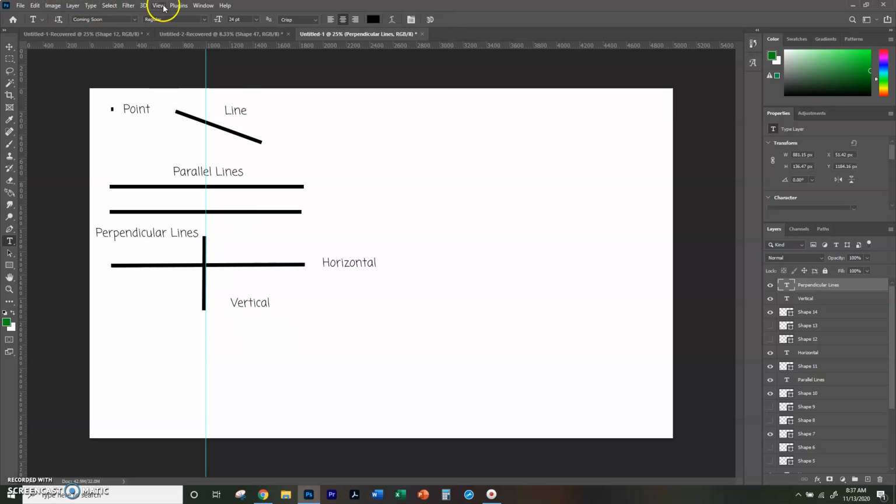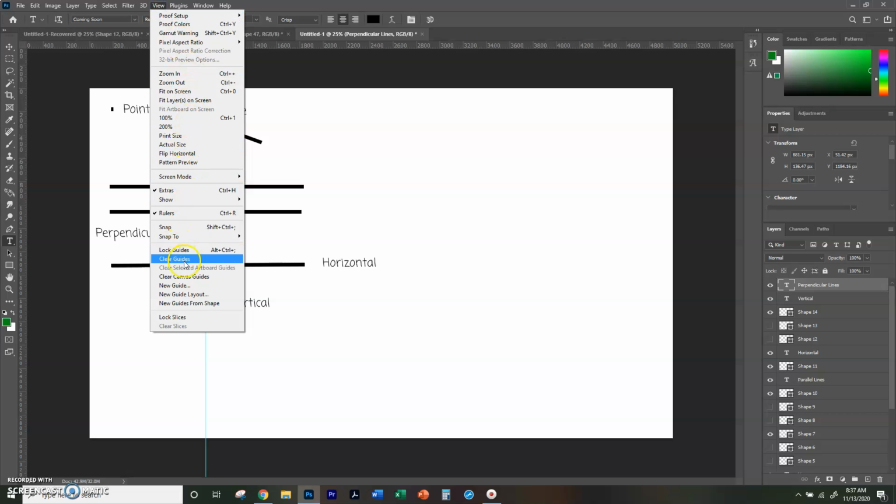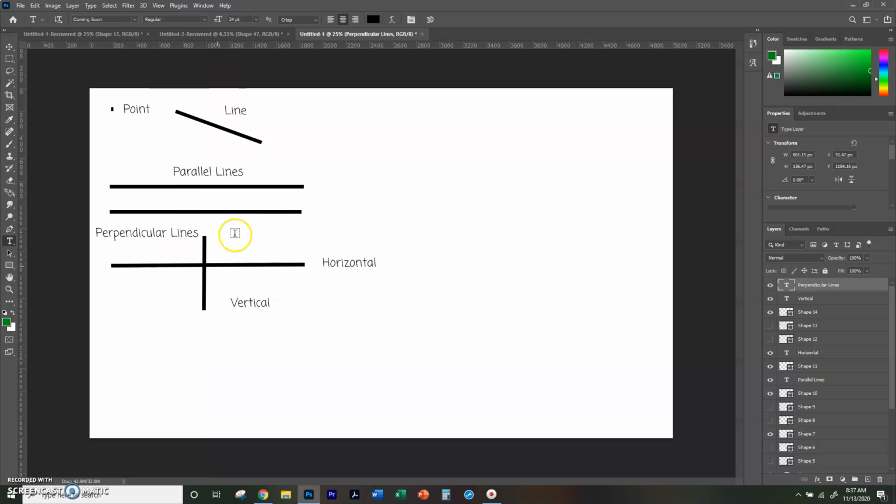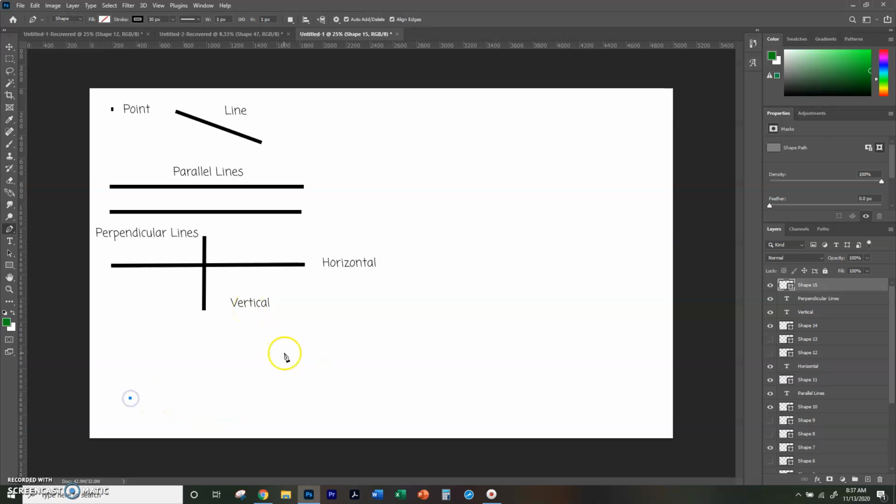All of these types of lines are very important, and not all lines are parallel or perpendicular. You do often have lines that go at angles to each other. When we have lines like this, you can see that these are crossing lines, but they do not form parallel lines or perpendicular lines.